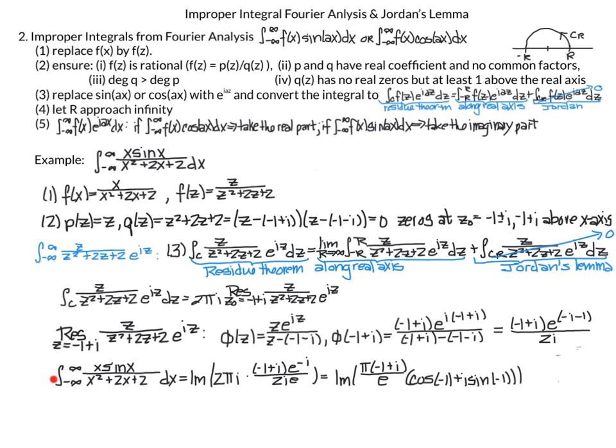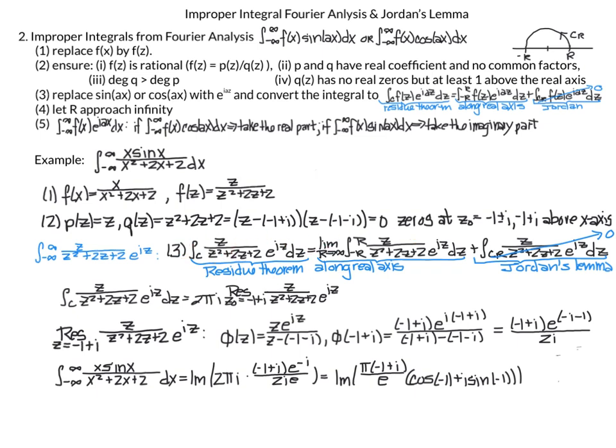That means my original problem, the integral from negative infinity to infinity of x sine of x over x squared plus 2x plus 2 dx, is the imaginary part of this integral over here, the integral from negative r to r of z, which in this case is replaced with x over x squared plus 2x plus 2 times e to the I x, which we just calculated using the residue theorem.